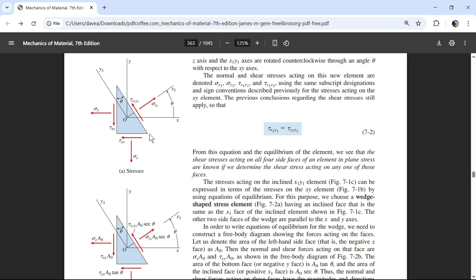Now this is the hypotenuse, so it's going to be bigger. If this is the angle, this is the sine component. Therefore, the adjacent side to this angle is going to be the cosine component.